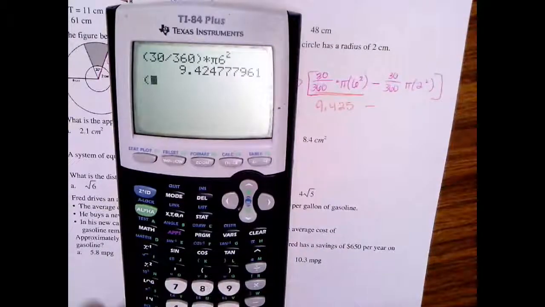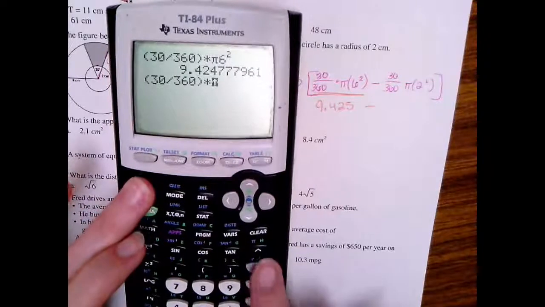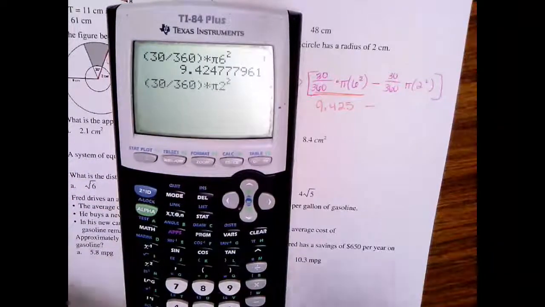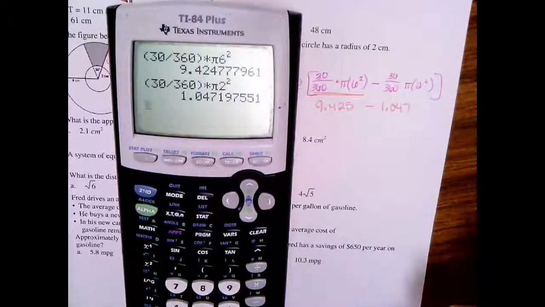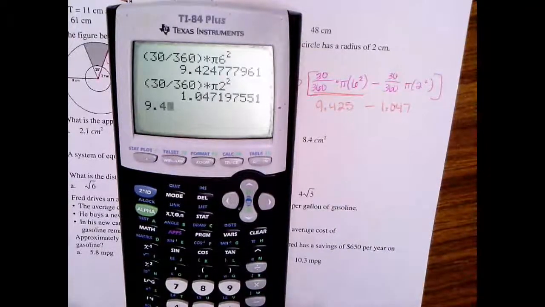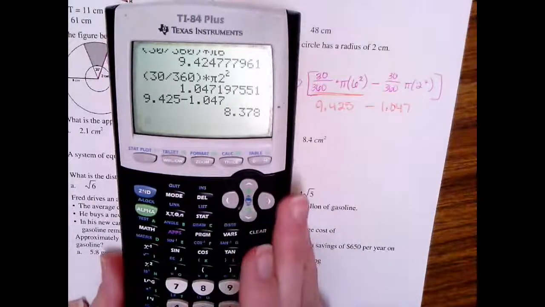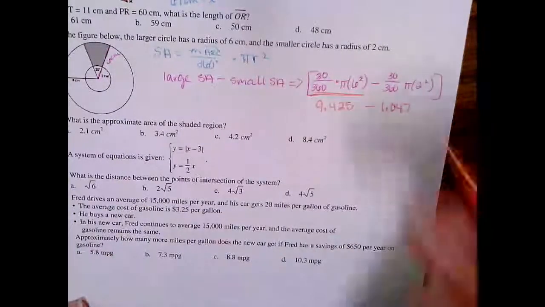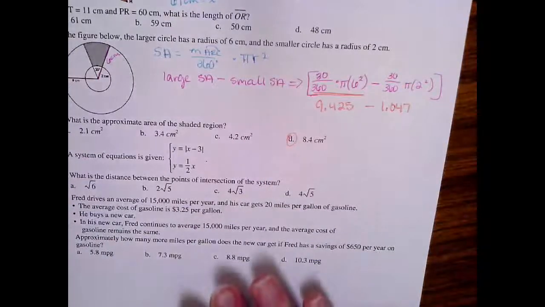Minus, I'm going to do the exact same thing with the other one, 30 divided by 360 in parentheses, times pi 2 squared. And I get 1.047. So I'm just going to subtract those two numbers, and I end up with 8.378. So about 8.4. D is our answer for the shaded region.